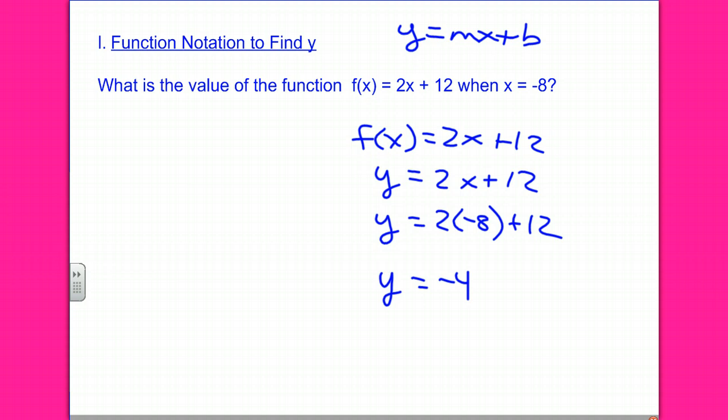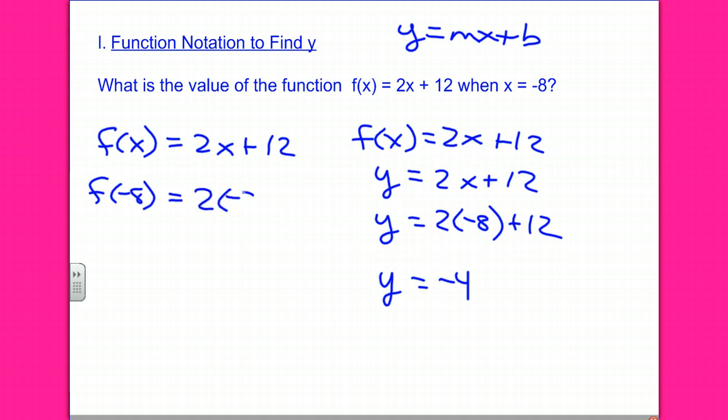Now, we don't have to change from function notation to slope-intercept form. We can leave it in function notation, so please add this to your notes. Okay? So now we're being told what is the value of this function when x is negative 8. So we simply put the negative 8 in for x.